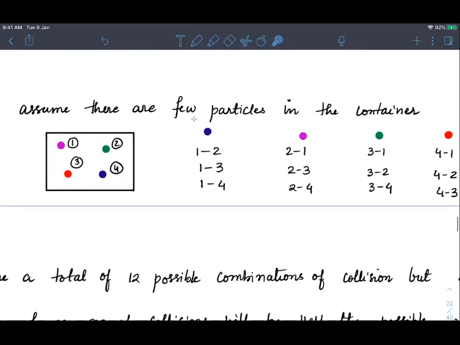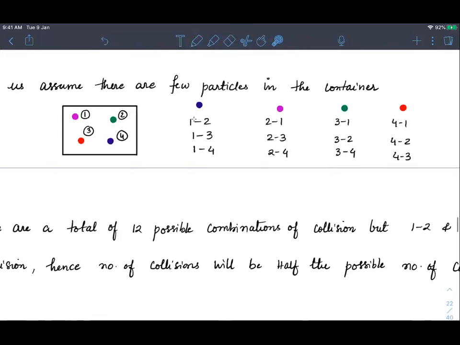Now to understand that, I want you to remember this. Suppose there are 4 particles and each particle is making collisions. So 1 will make a collision with 2, 3, 4. These are the possible collisions. 2 can make with 1, 3, 4. 3 can make this way, 4 can make this way.